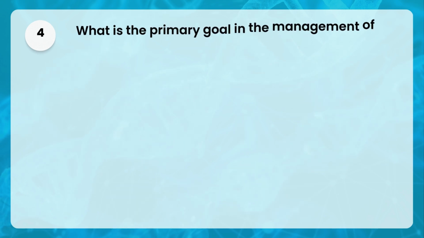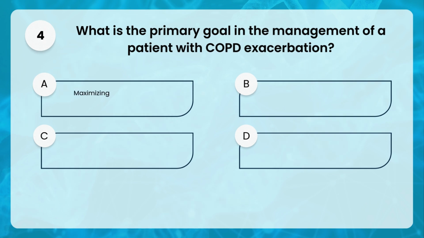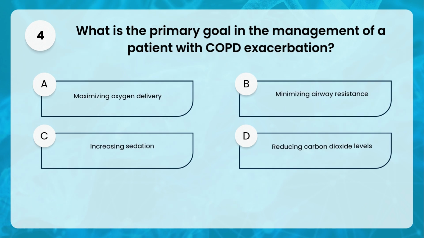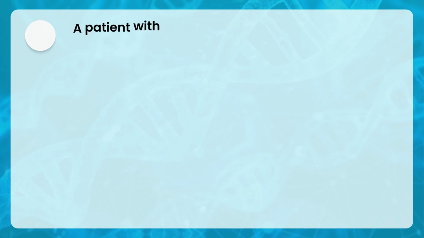Number 4. What is the primary goal in the management of a patient with COPD exacerbation? A. Maximizing oxygen delivery. B. Minimizing airway resistance. C. Increasing sedation. Or D. Reducing carbon dioxide levels. The answer is B. Minimizing airway resistance. Number 5.